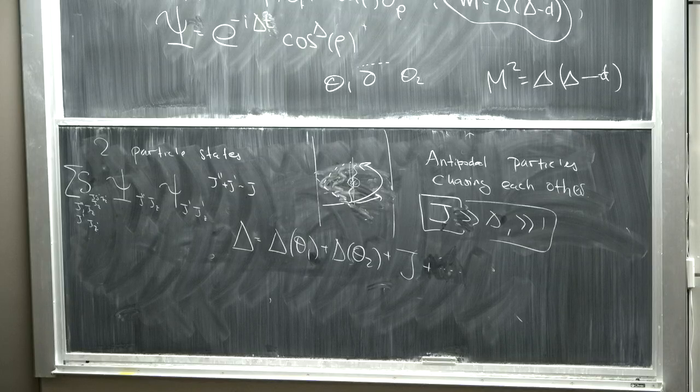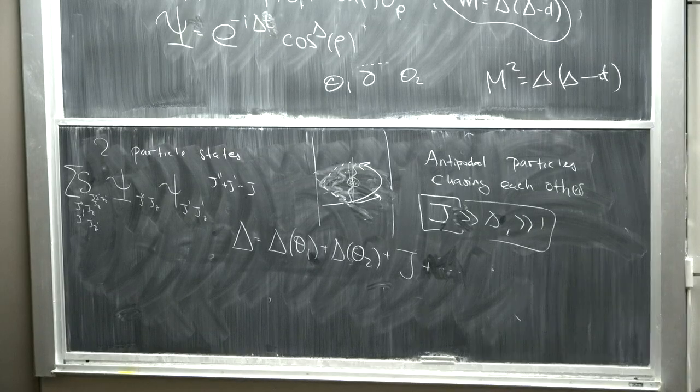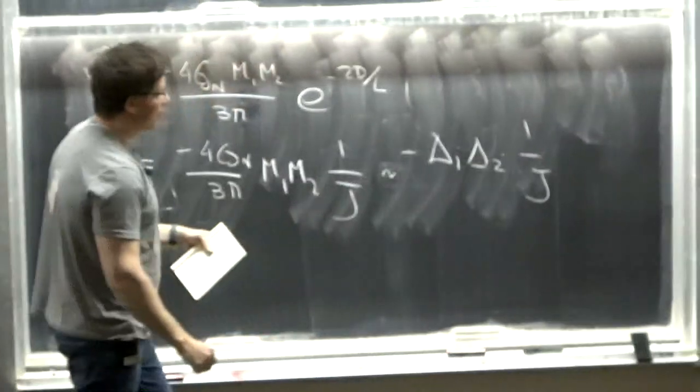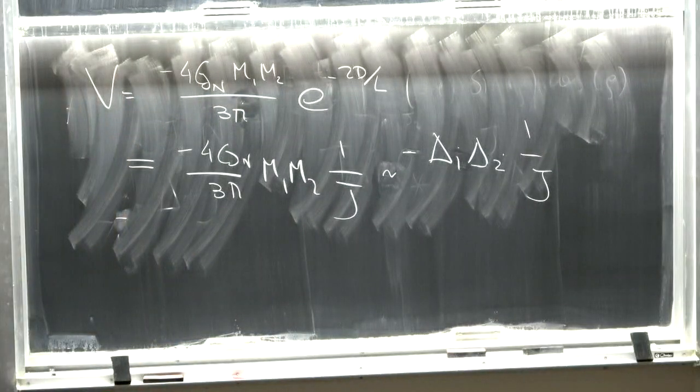So I get something like delta 1, delta 2, 1 over j, up to some numerical factors that you can find in the notes, with a negative sign, crucially. So roughly speaking, we now have the first correction to this formula. The first correction is delta O1 times delta O2 divided by j.